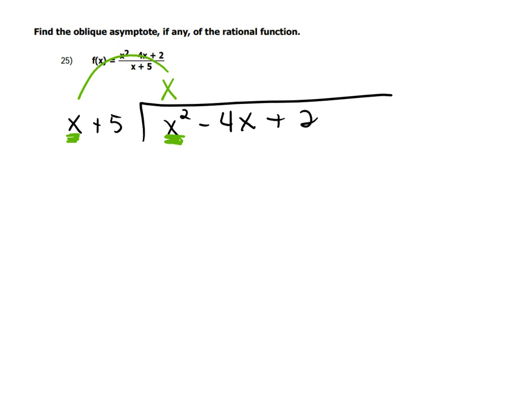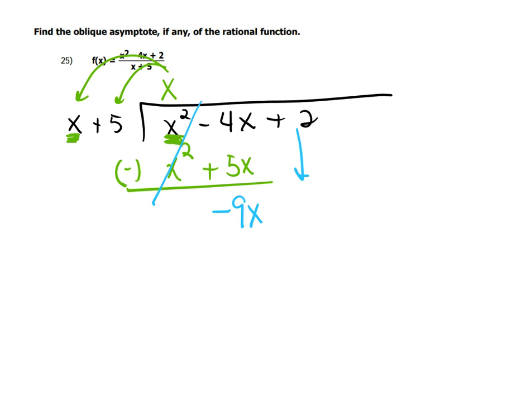Then you multiply that times the x plus 5, and that gives you x squared plus 5x. And then you subtract. These should cancel. And then -4 minus a 5 is a -9x. Then you drop down the next number and divide again.